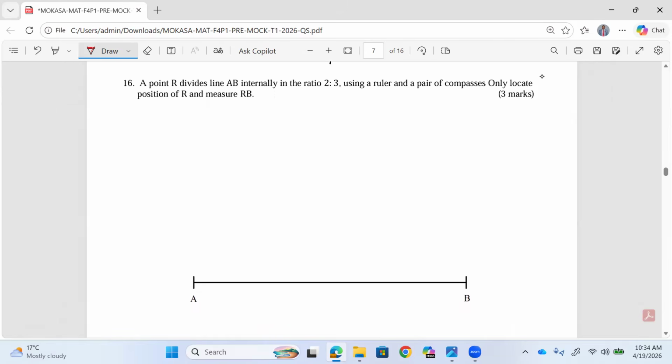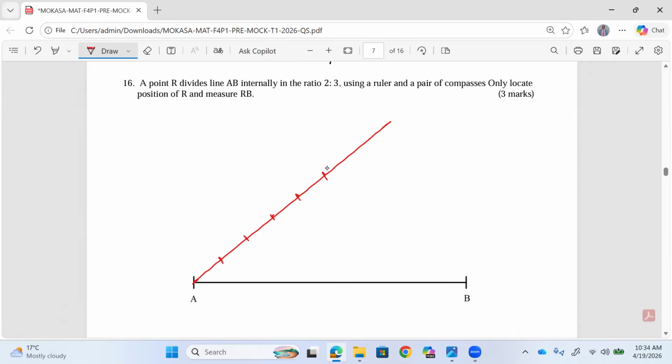So to divide AB into 5 equal proportions, you first produce a line at a reasonable angle from A. Then you mark 5 equal portions: 1, 2, 3, 4, 5.